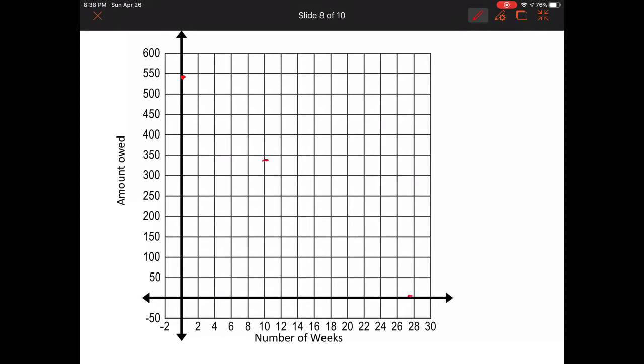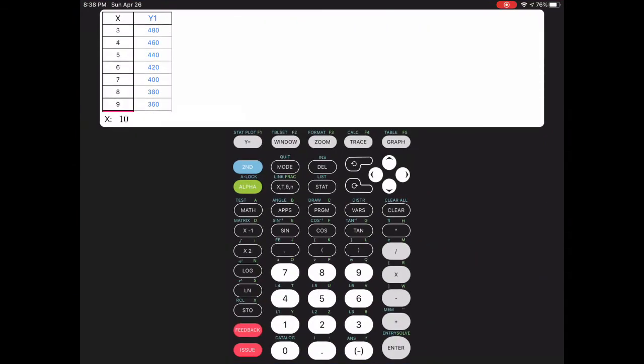And then if you keep going down, you will end up sooner or later at 0. Now, I can't write on the calculator with my pen, but I'm highlighting it in pink here. That's 27, 0. That is a very important one to write down and to make sure that it is graphed.